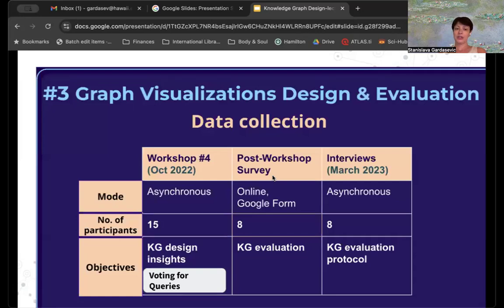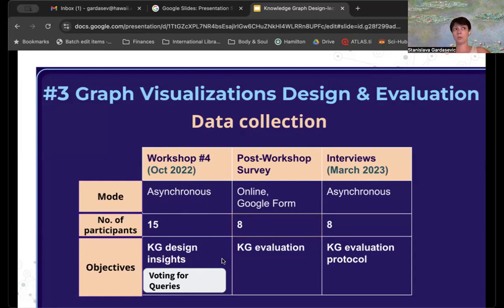The third stage of this study was about graph visualization, design, and evaluation. And it was again another workshop, and then the post-workshop survey followed by interviews. So in the workshop that was asynchronous, we talked about design for the visualization, but I also had an activity where people would vote for queries.